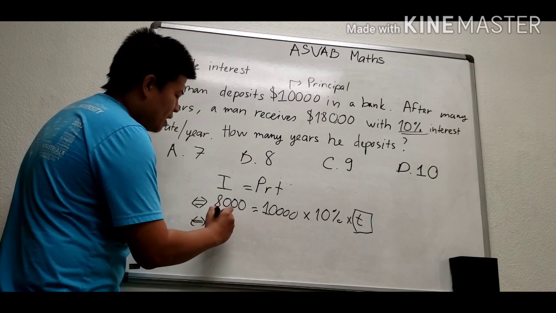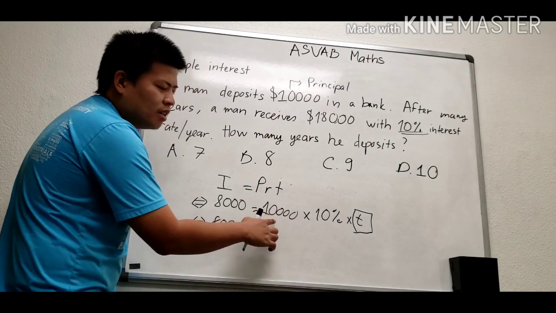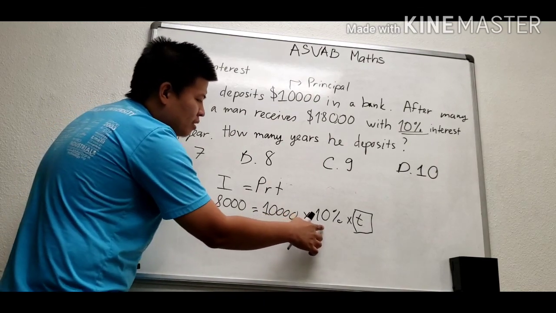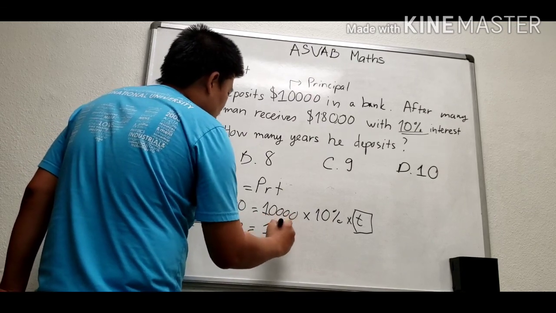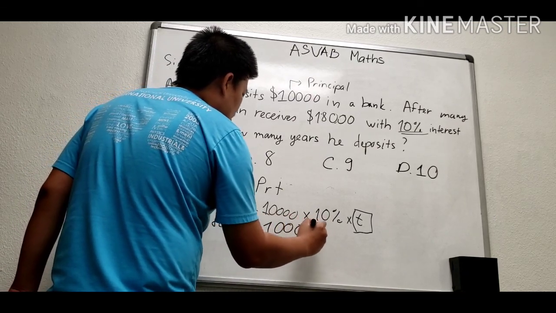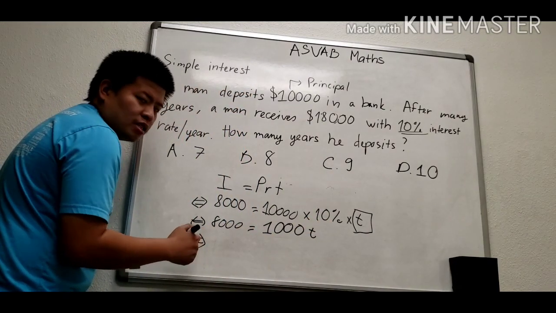We have 8,000 in here, but we know that 10,000 multiplied with 10% is 1,000. We divide both sides by 1,000.